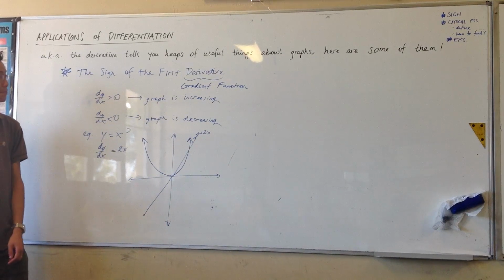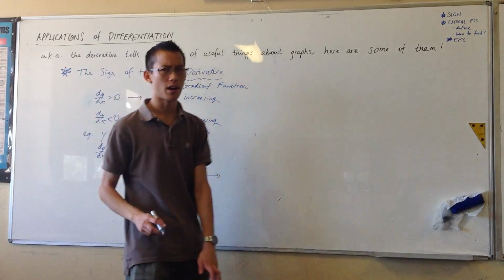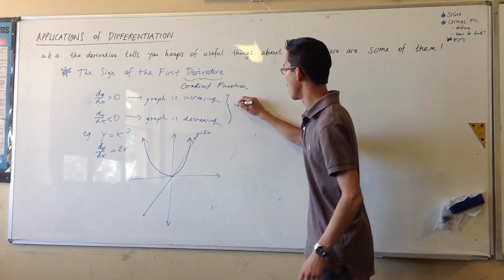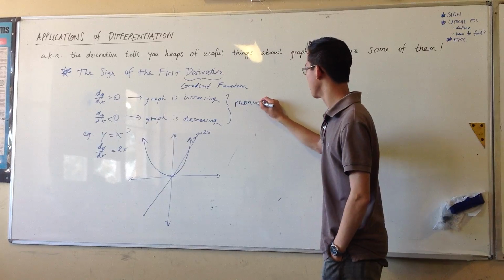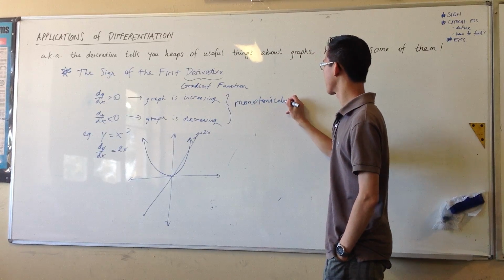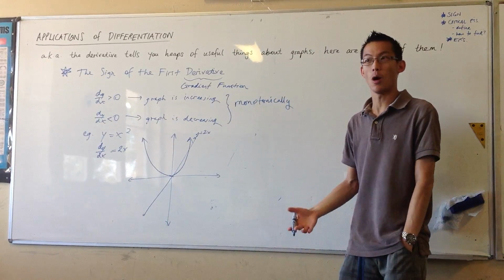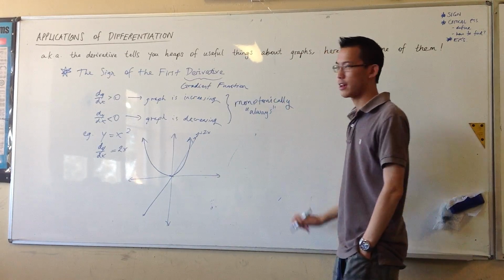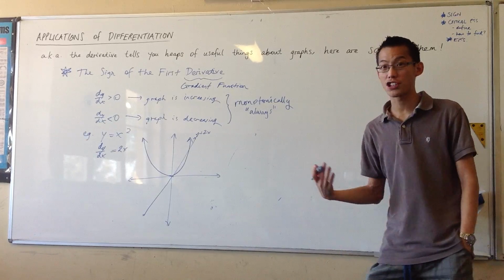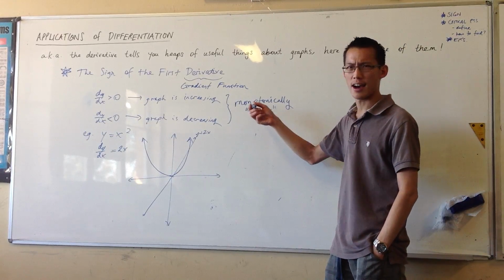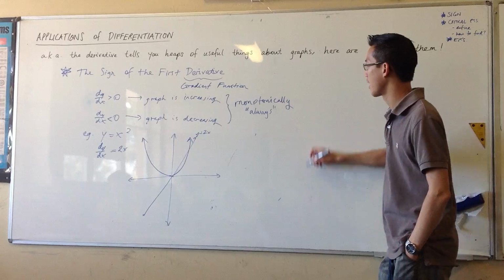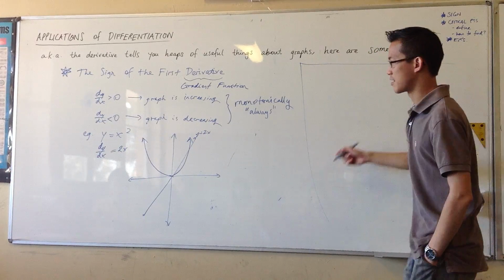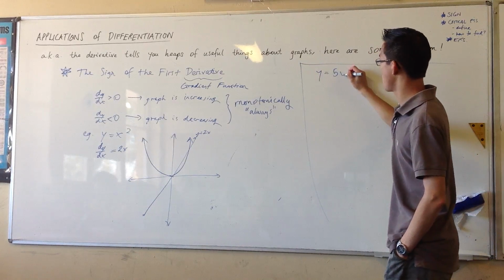You might have remembered I introduced a new word a few lessons ago, which was really long, monotonically, which basically just means always. Okay, so when we say a function is monotonically increasing, for instance, let's think about y equals, say, 5x.